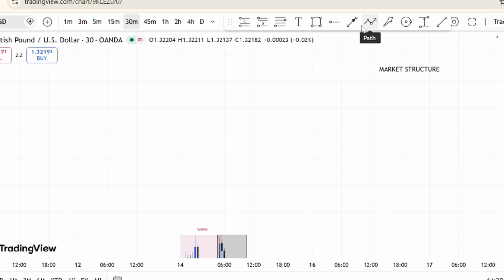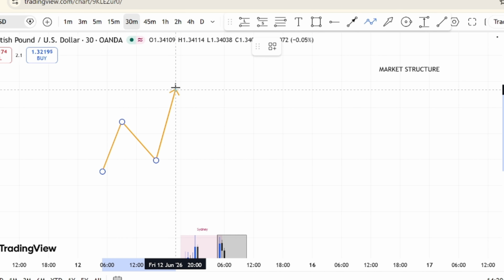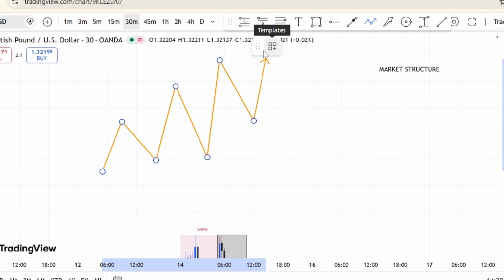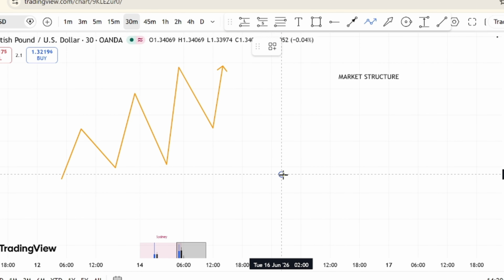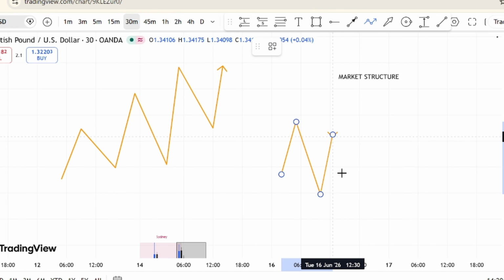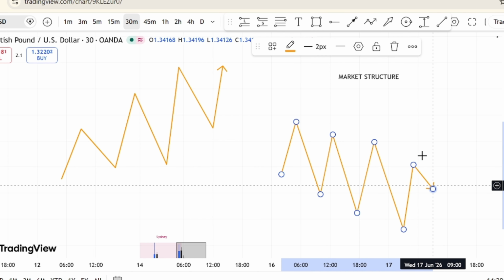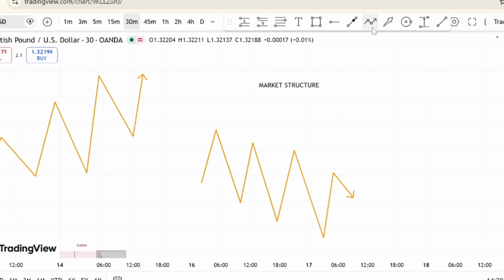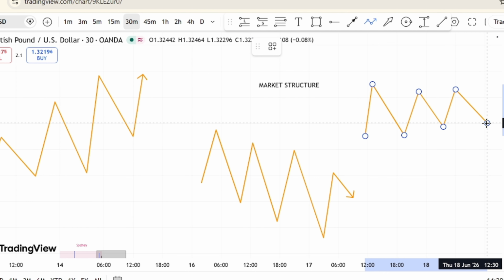So market structure has three types. We have an uptrend where market is going upwards, breaking structures to the upside, and we have a downtrend where the market is going downwards, and then we have a sideways market structure like this one here, where market is just going sideways.